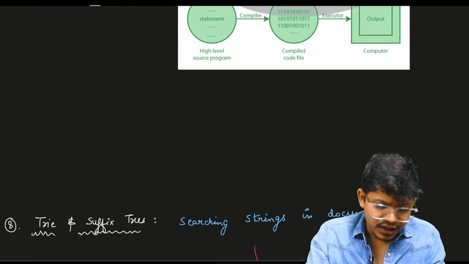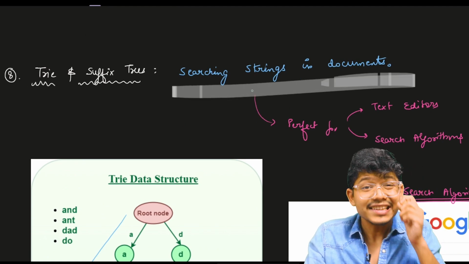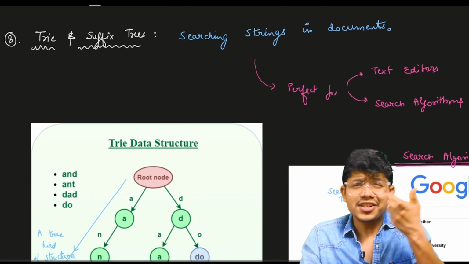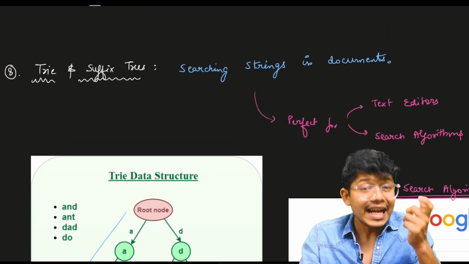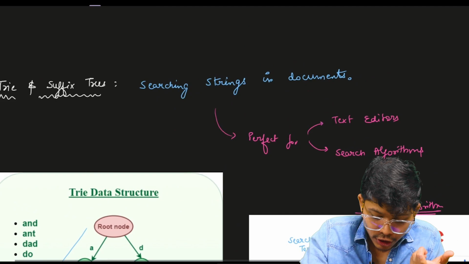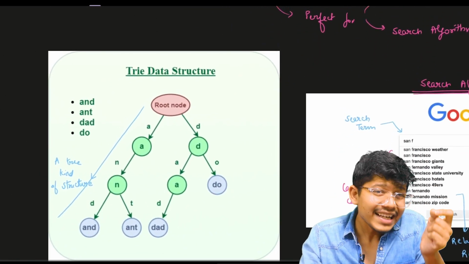Now next is your tries or suffix tree. It is specifically used for searching strings in your documents. Whenever strings or documents come into the picture, for short documents you will see them in text editors, and strings specifically are seen in your search algorithms. A trie, as the word also suggests, is similar to a tree data structure.